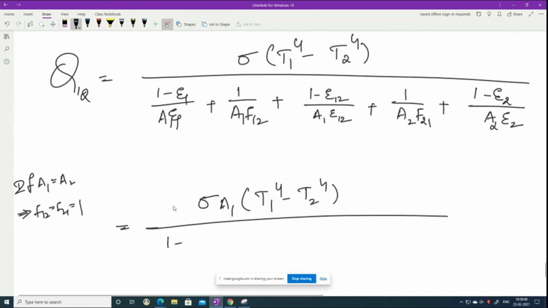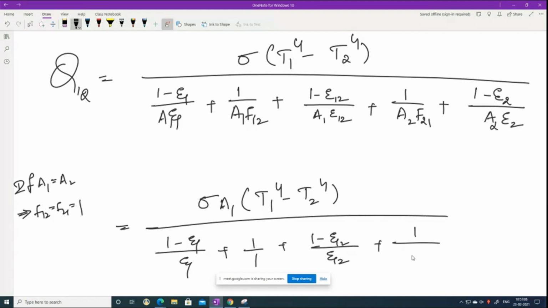I'll write it here: 1 minus epsilon 1 by epsilon 1, plus 1 by 1, plus 1 minus epsilon 1 2 by epsilon 1 2, plus 1 by 1, plus 1 minus epsilon 2 by epsilon 2.